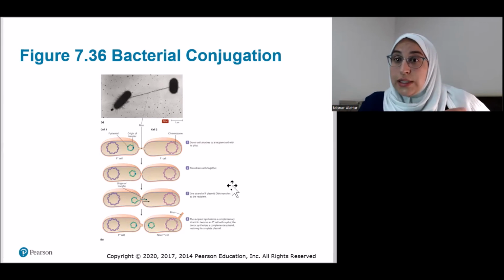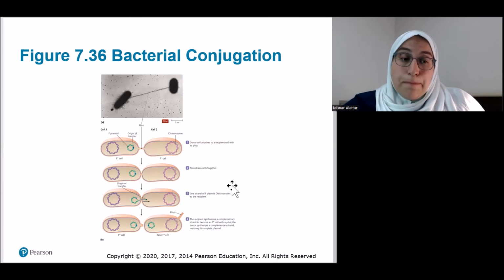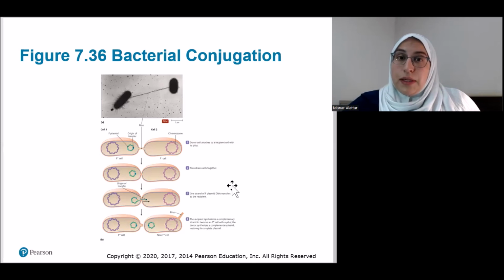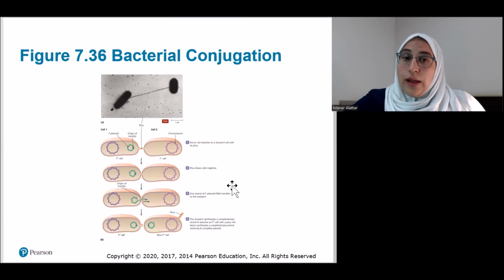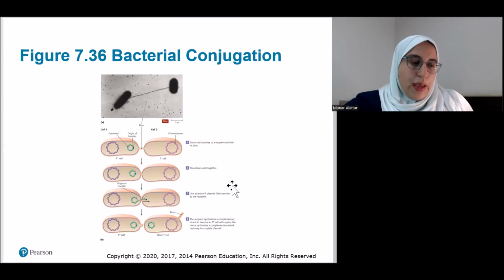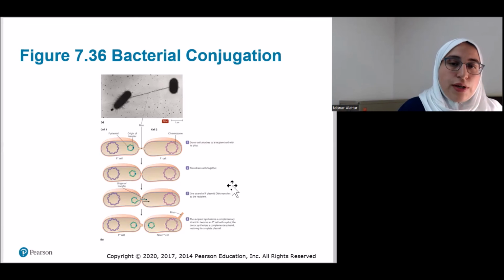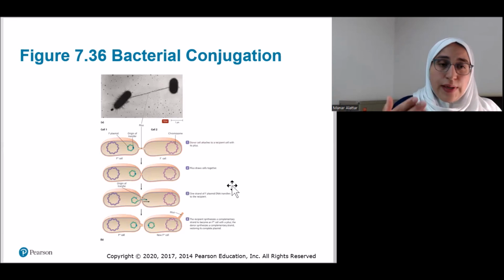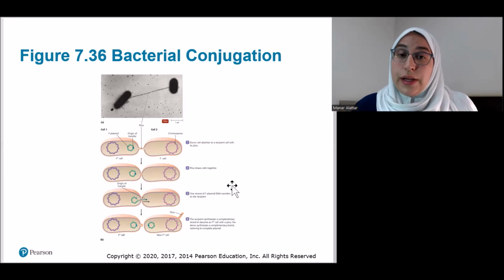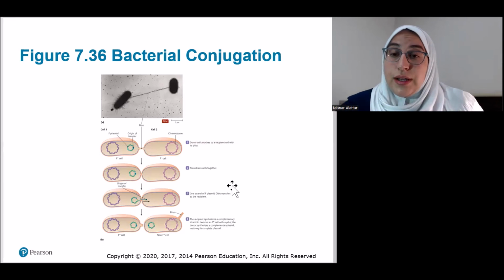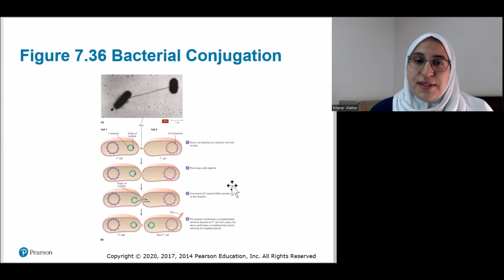Sometimes you can actually transfer genes between related species. And that can spread very quickly. Being aware of the importance of horizontal gene transfer, where prokaryotes are sharing genetic information, is really important.